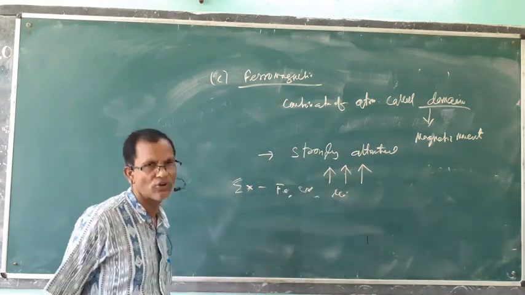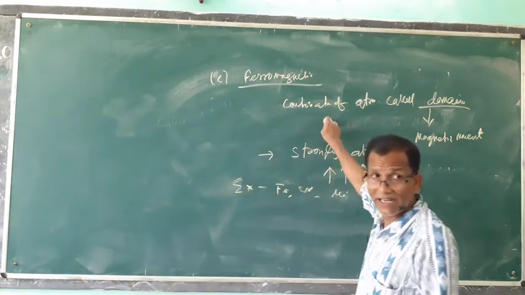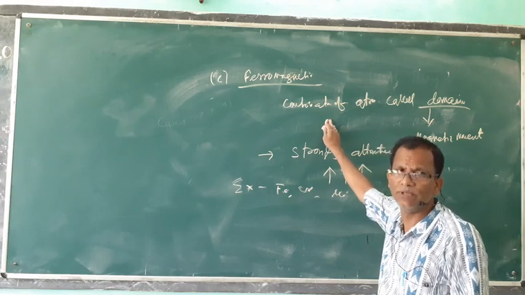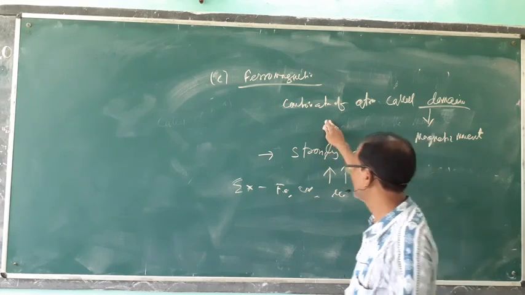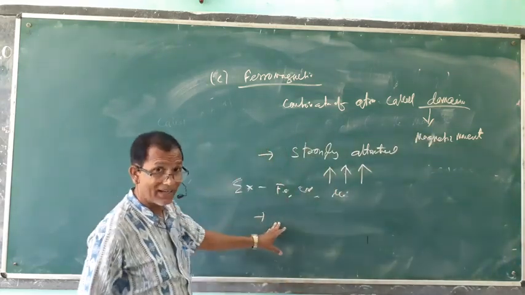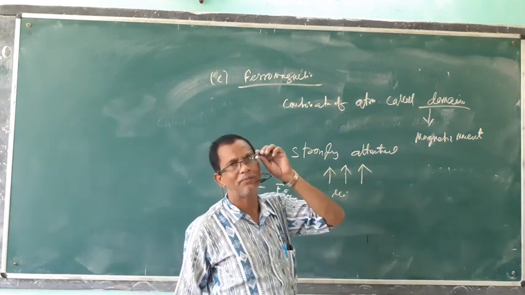That's why they will be strongly attracted to the magnetic field. One important characteristic: ferromagnetic substances continue to show their behavior when the external magnetic field is removed. The magnetic moment exists after removal of the magnetic field.